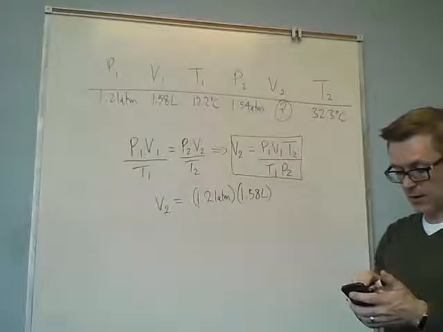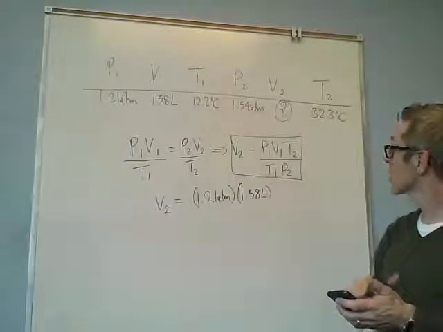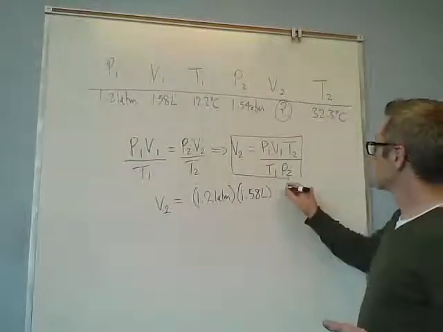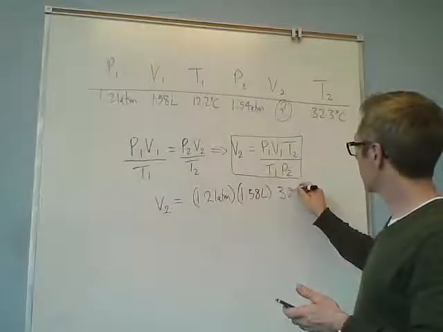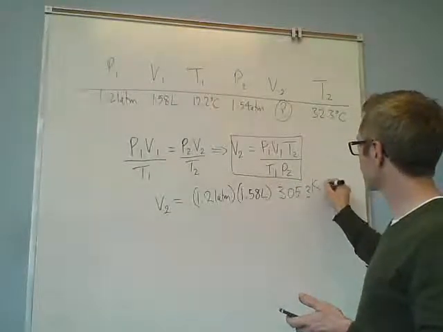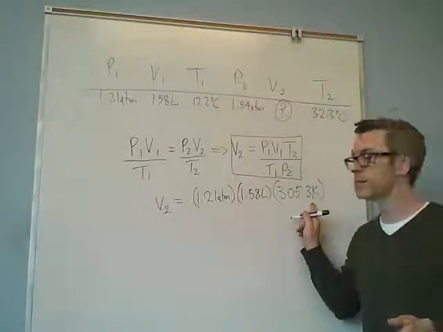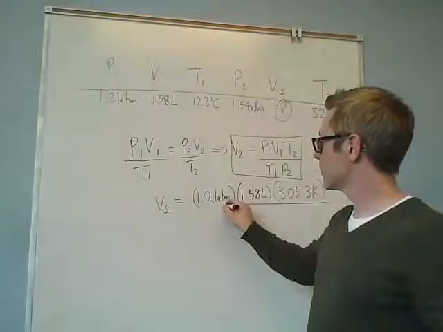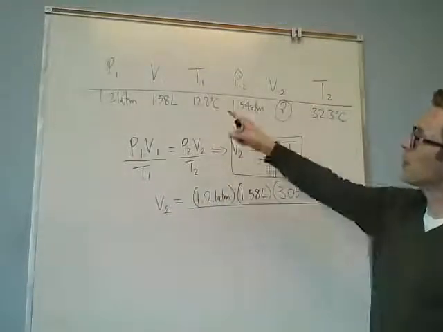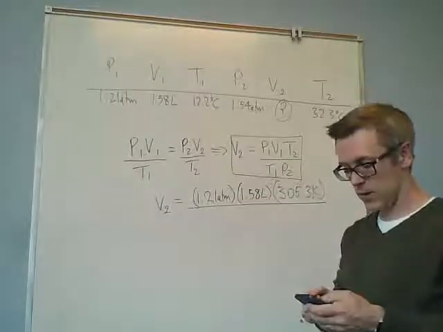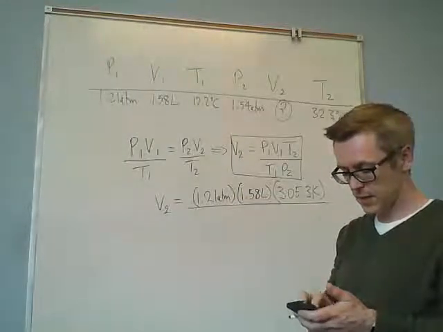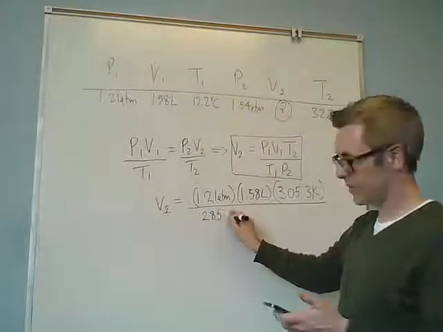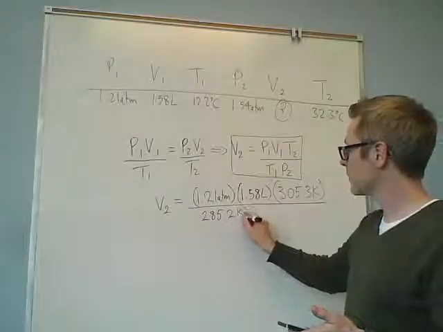So I'm going to add that on my calculator. 32.3 plus 273. So this is 305.3 Kelvin. So again, it must be in Kelvin. Not too worried about sig figs at this point. T1 is 12.2, so that's 12.2 plus 273, which is 285.2 Kelvin.